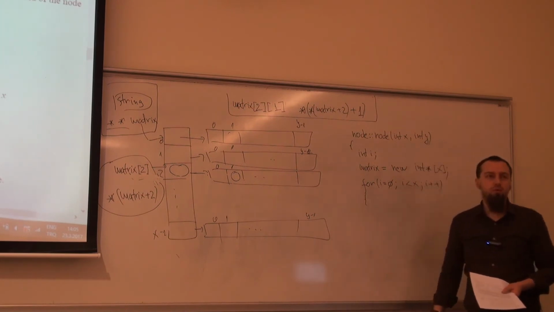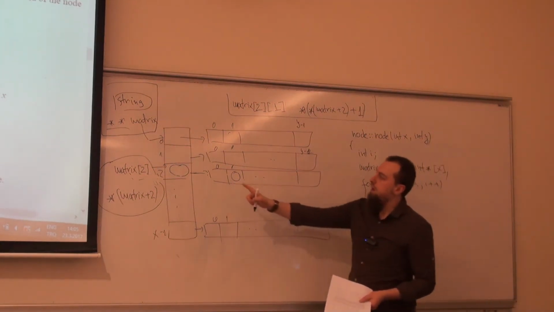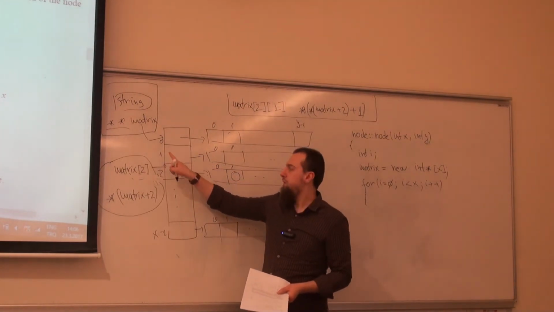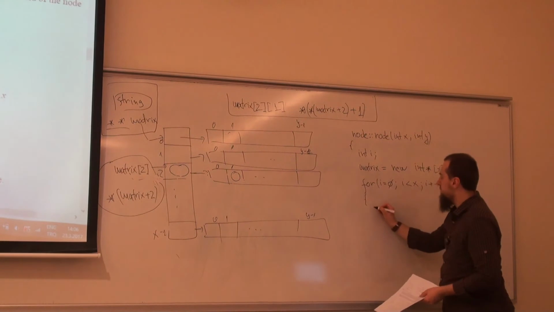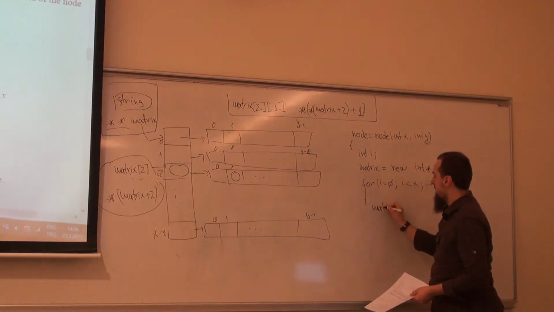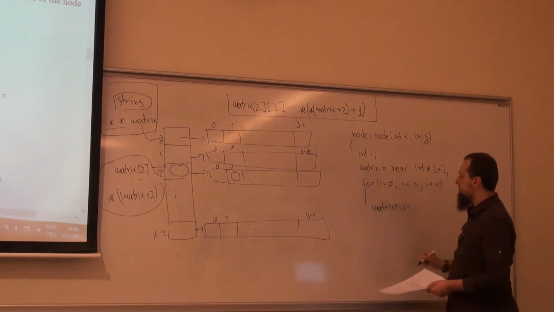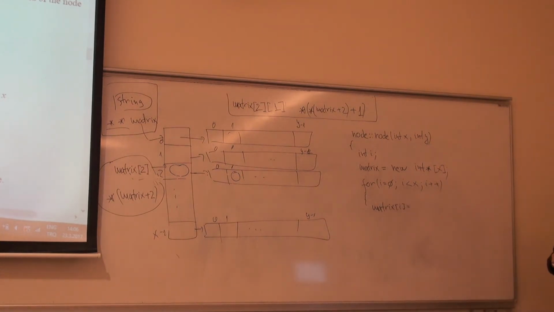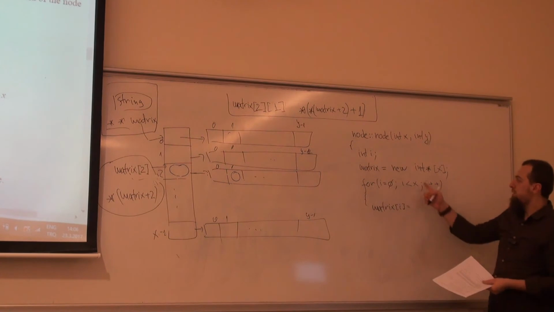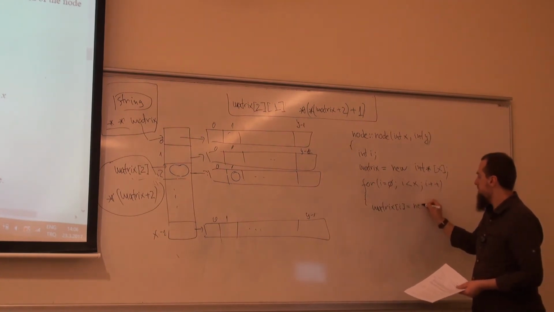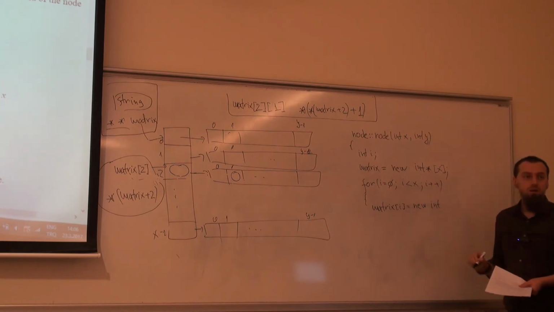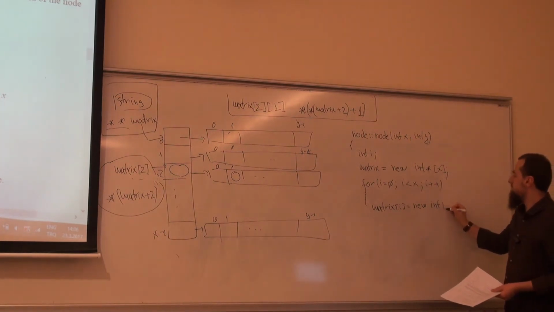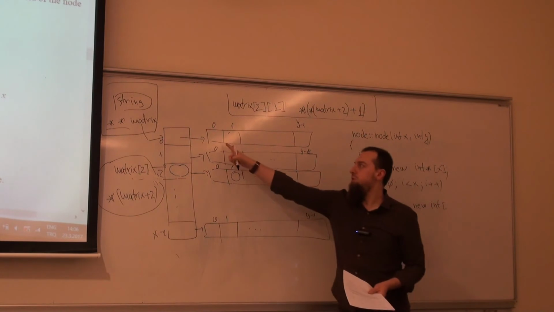Now, what am I going to do? I'm trying to access matrix of 0, then matrix of 1, matrix of 2, and then matrix of i. Matrix of i is equal to what? New, help me, int. Exactly, because those are not pointers anymore, those are integers.